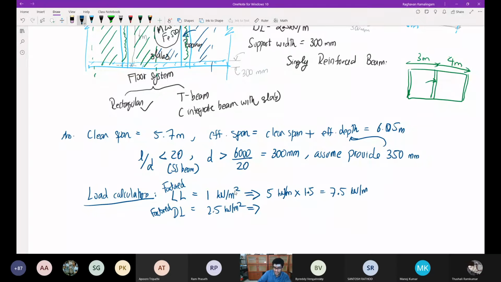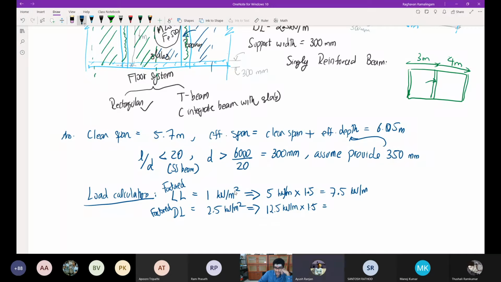So somebody else probably tell me what comes here. 1 became 5. What will 2.5 become? 12.5. Thank God, after so much time and so much begging.